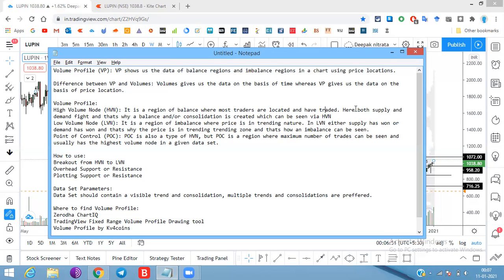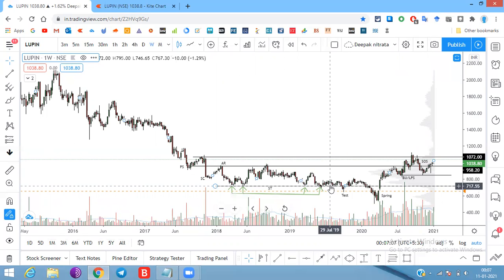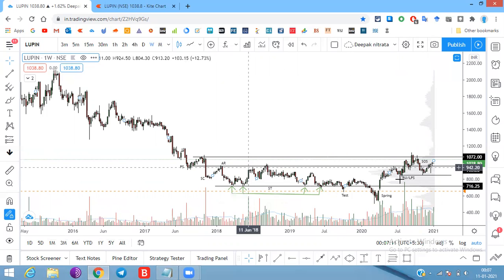In the case of Lupin, many traders are located in the price region between 700 and 1100. Many traders have traded in this price location. In short, a high volume node says that supply and demand have fought a great battle here, and that's why a balanced region can be seen here.